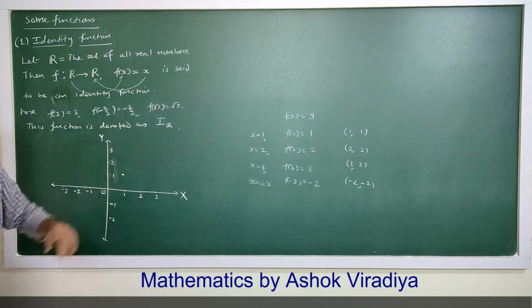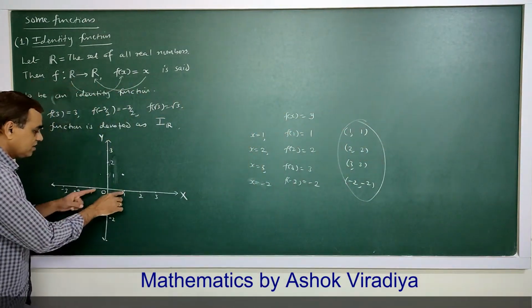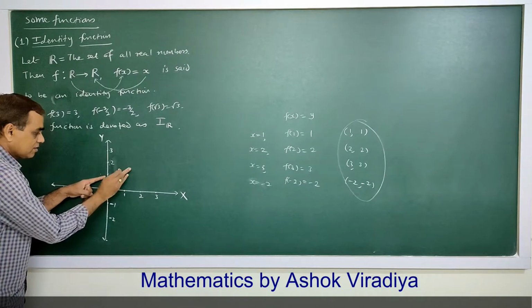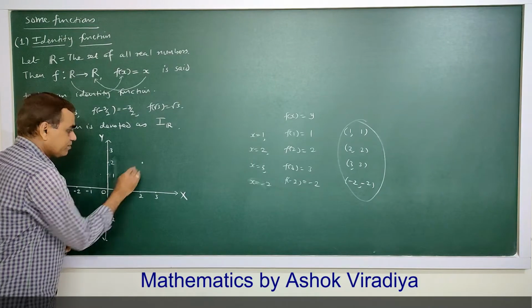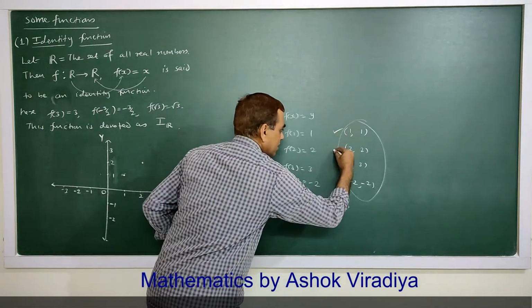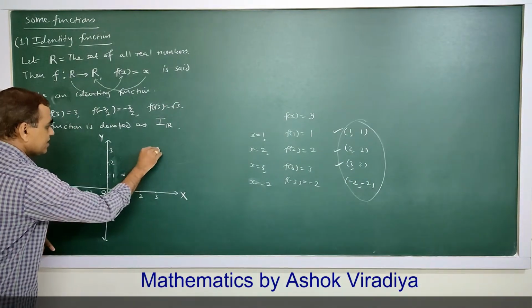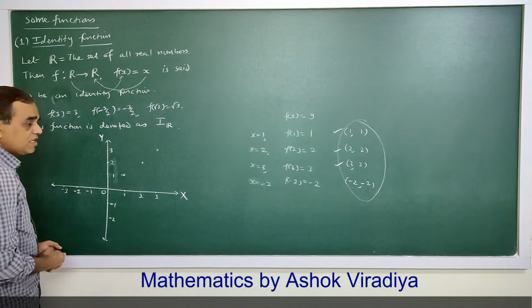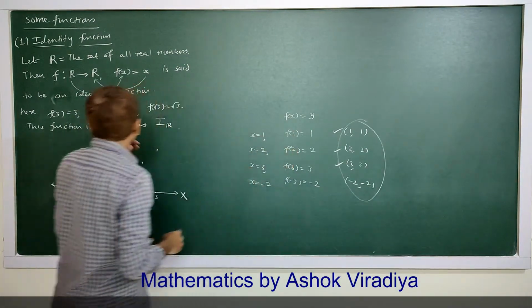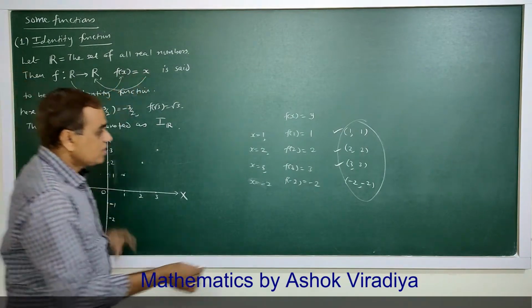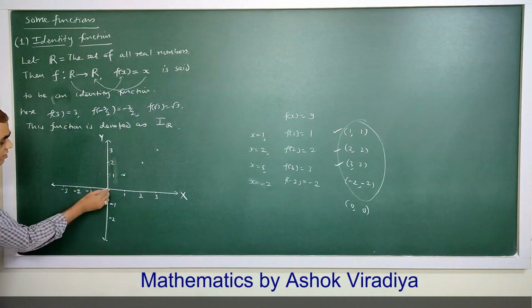Now showing these points: (1, 1), then (2, 2), (3, 3). If you put 0, the image of 0 is 0, so (0, 0) is also a point.